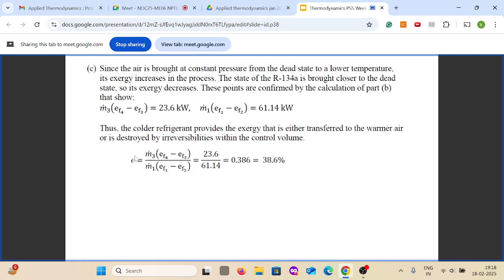So the exergy efficiency is the exergy change in the air divided by the exergy change in the refrigerant. That is 23.6 divided by 61.14, which gives me 38.6%. So that is the exergy efficiency of this process.